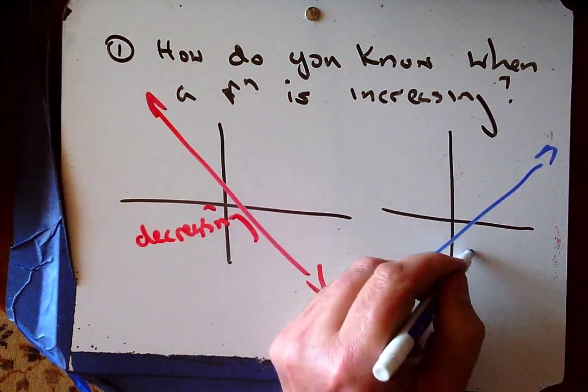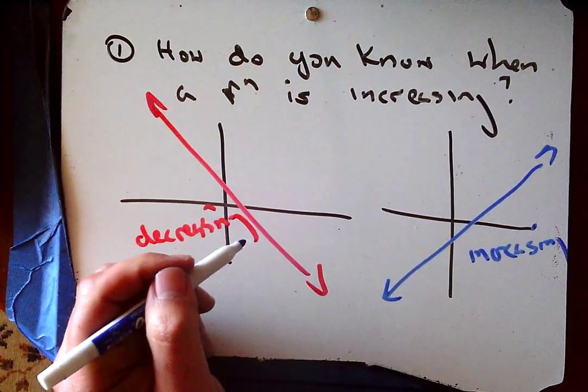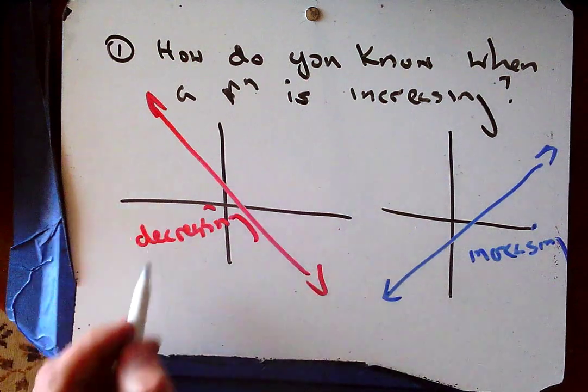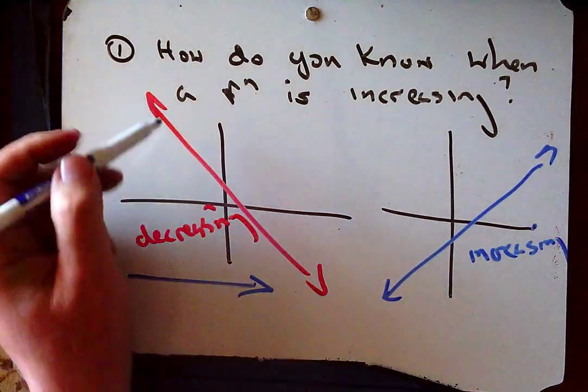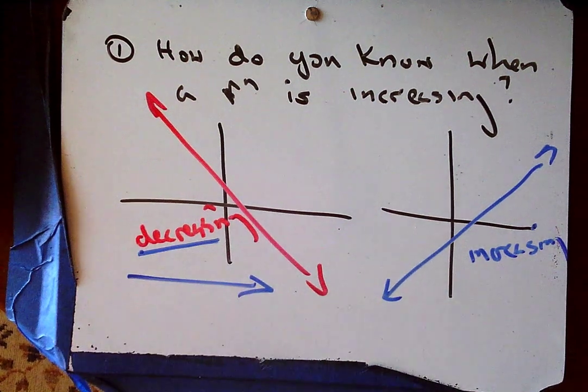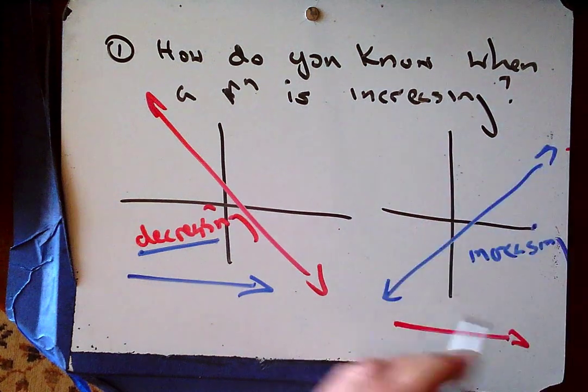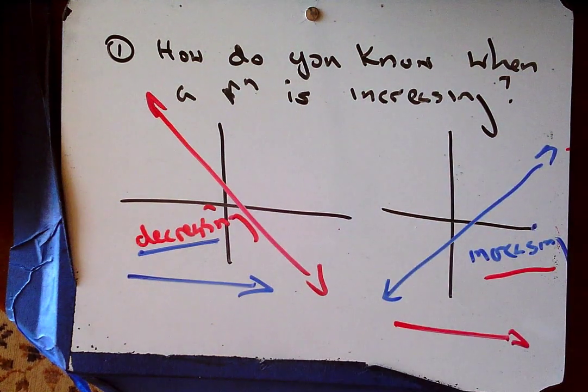And I can see by looking at the graph. As I read from left to right, the graph goes downhill, that's decreasing. As I read from left to right, the function goes uphill and therefore increasing.